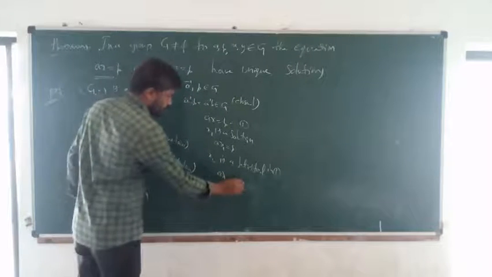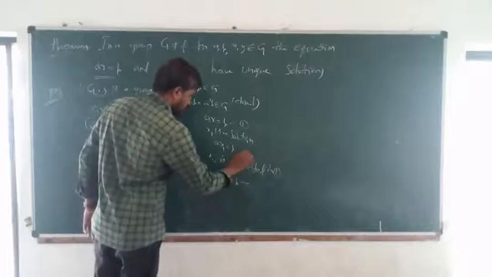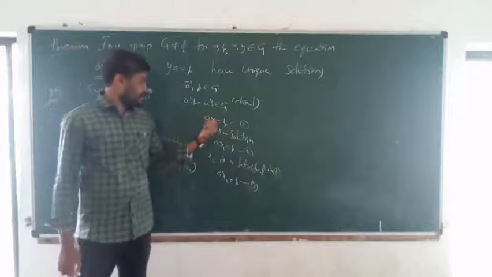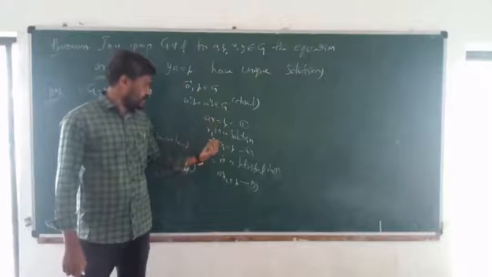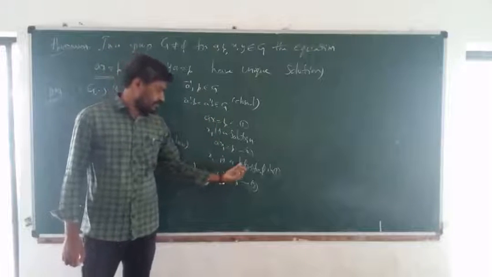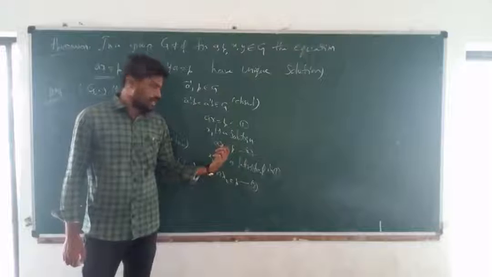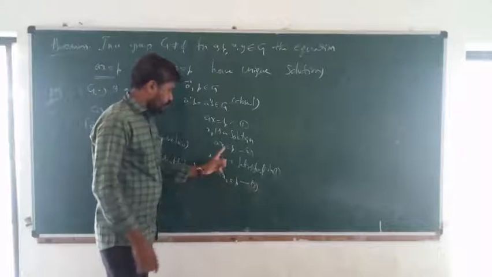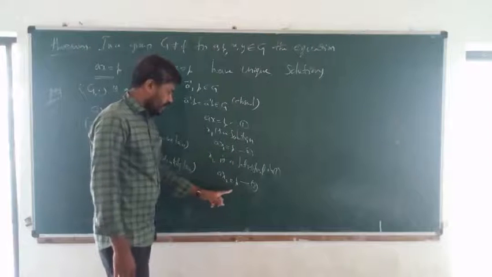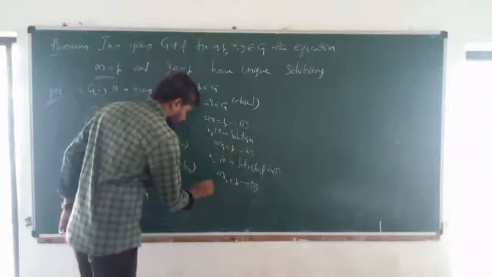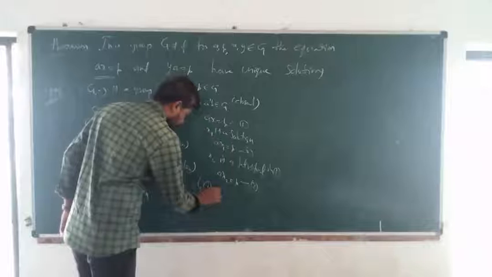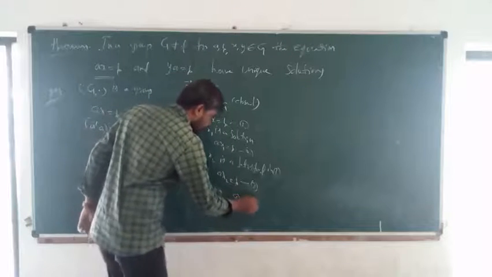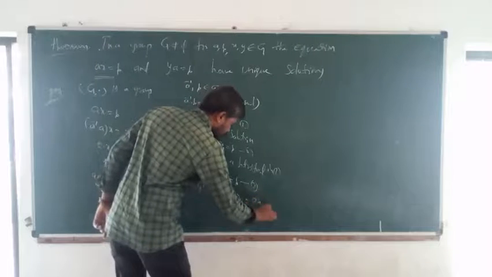Call this equation 2, this equation 3. x1 is a solution of this equation, meaning ax1 equal to b, and x2 also satisfies this condition, ax2 equal to b. By 2 and 3, ax1 is equal to ax2, both equal to b.